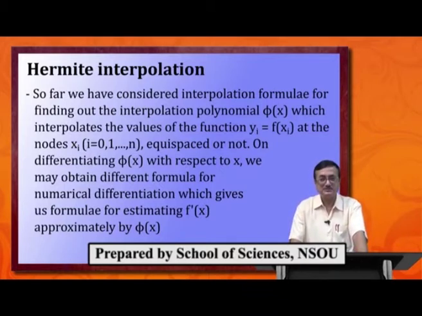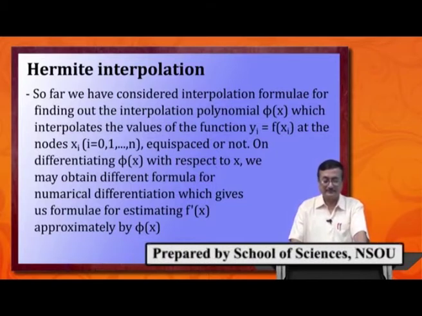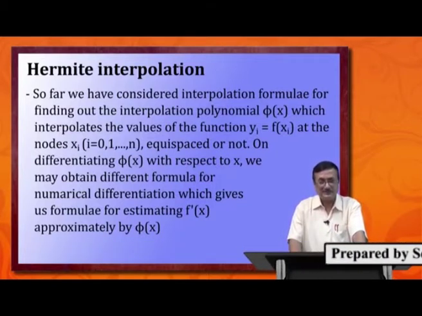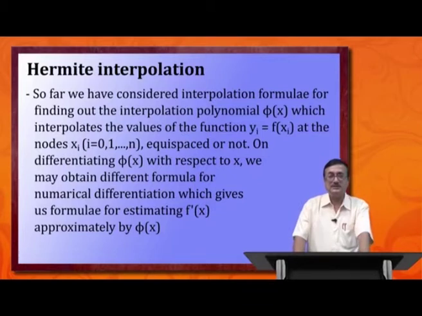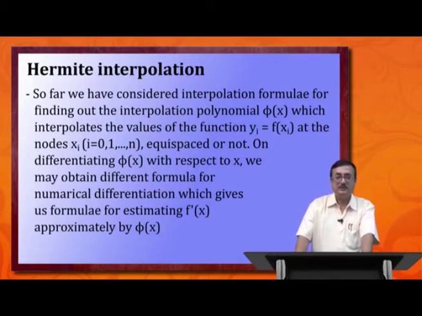In case of equispaced, we shall use equispaced formula, but if they are not equispaced, then we shall use Lagrange's or Newton's divided difference formula. If we differentiate these formulas with respect to x, then we shall get a formula involving dy/dx.